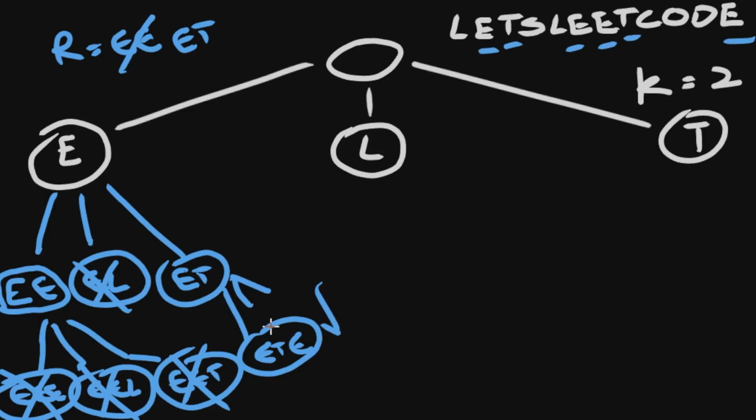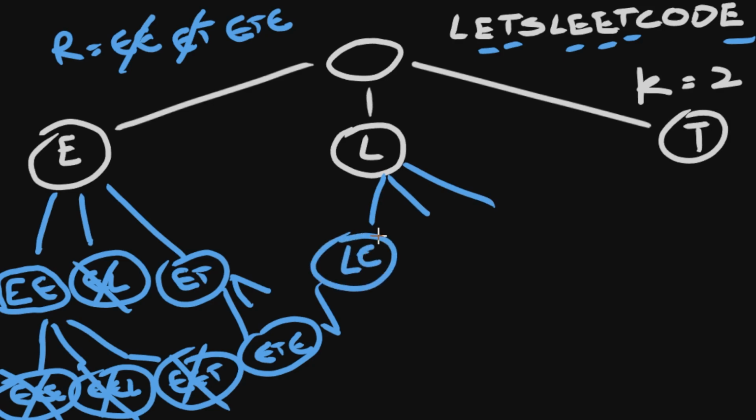So this is good, and the size of this subsequence is greater than the size of this one, so we replace this with ETE. And eventually here we'll have 3 more branches, and at some point we'll have LE. So now we are looking for LE in the string, and here we have LE, so this is good.